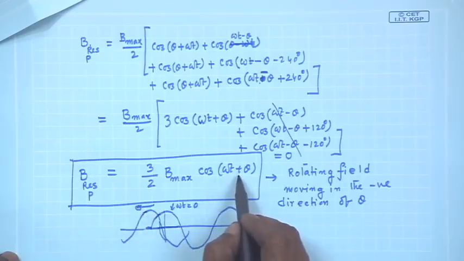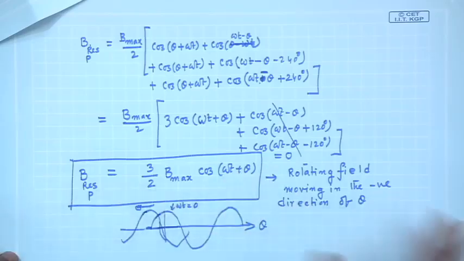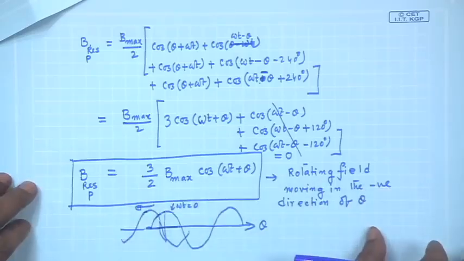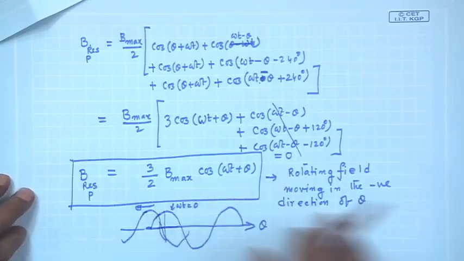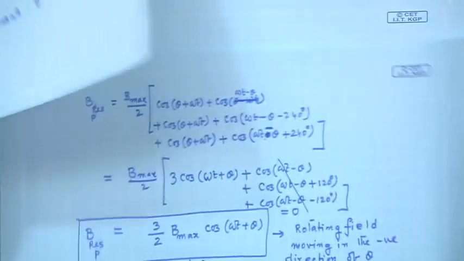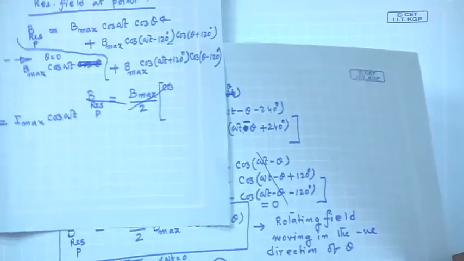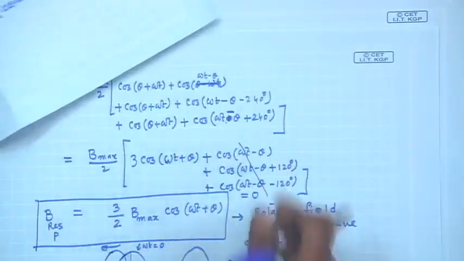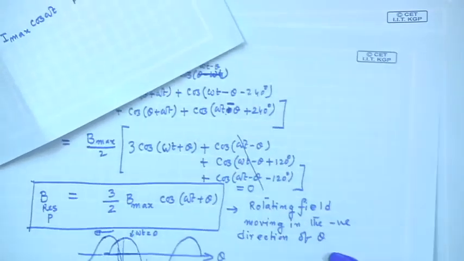If theta comes out to be negative, it indicates that it is moving in the forward direction of theta. We will see the same thing in a further nice way. Okay, mathematically it is all fine.